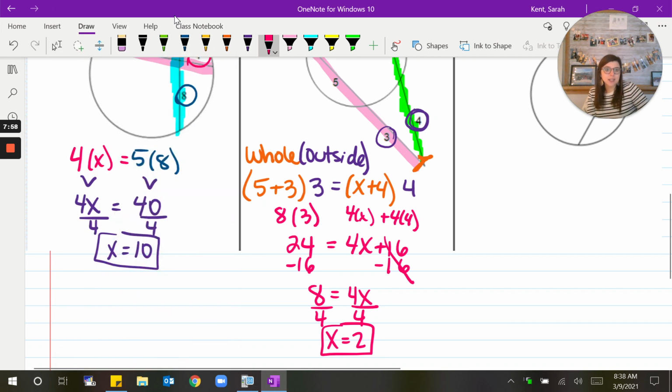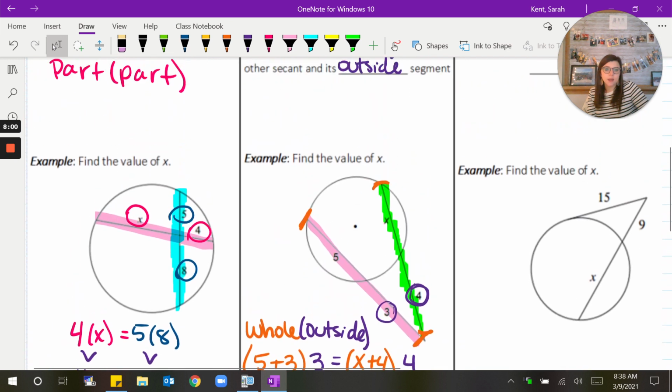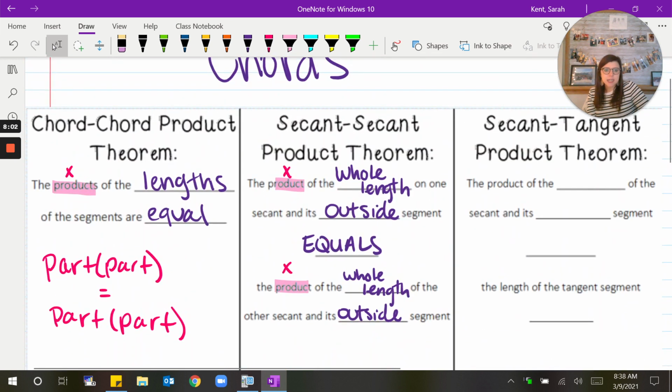All right, and our last one we're going to look at is probably the weirdest. It is called our secant tangent product theorem. So we've got a secant on this one, and we have a tangent. So here, this is the product of the whole length again of the secant and its outside segment.